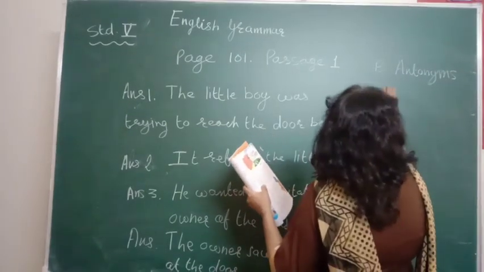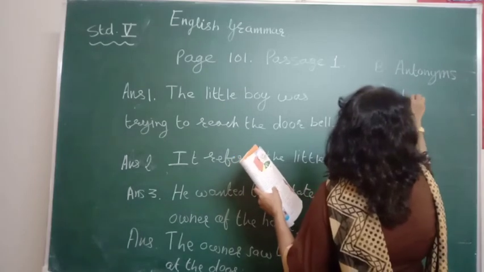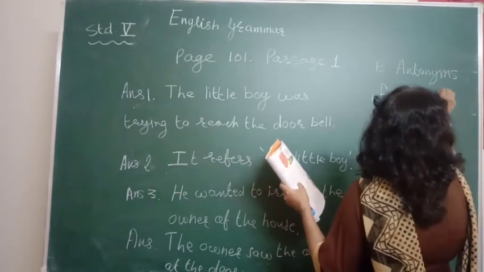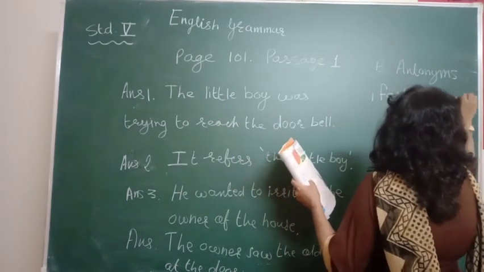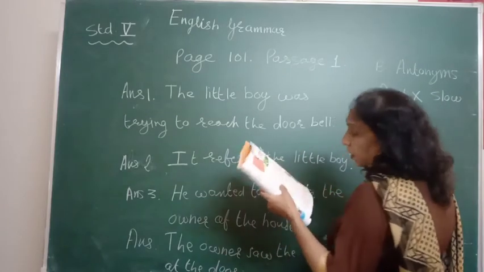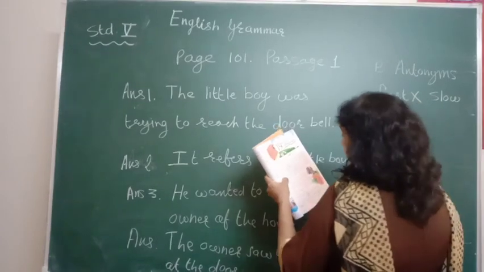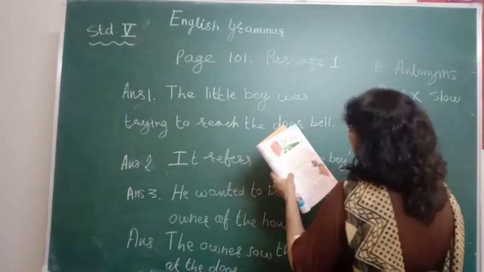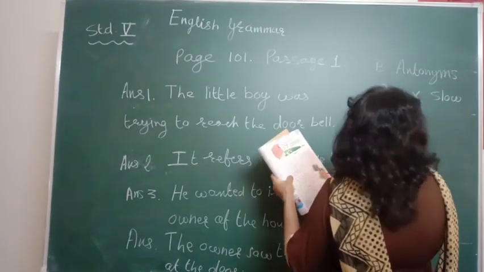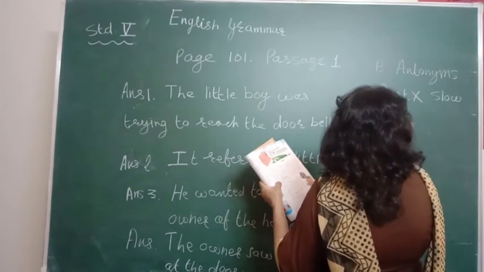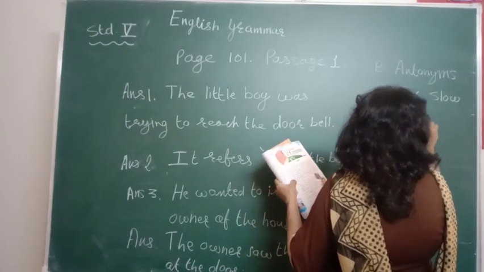First is, now see here, when you write antonyms, you have to give a cross marker. Fast, slow. From the passage we have to write pleased, here pleased is irritate.